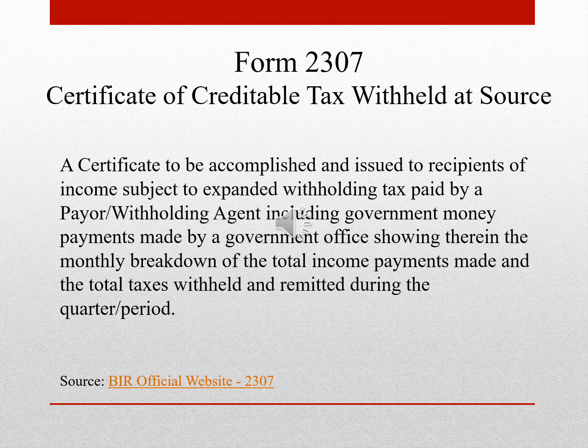So, ito yung form na gagamitin natin for any credits. Pag sinabing credits, bawas yan dun sa tax due mo. I will discuss what is the effect of that to your net tax payable much later.